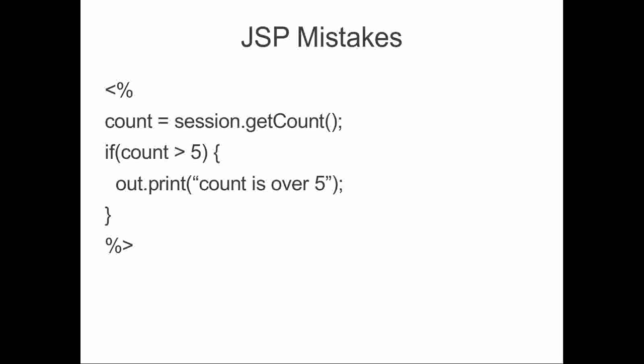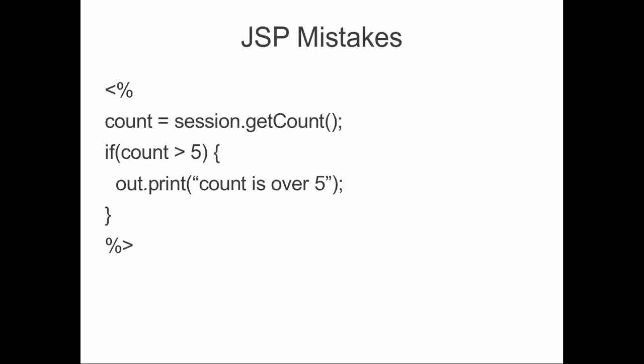But you should know that with our if statements, we can actually break this up. So notice that we're writing out.print count is over 5. So we're writing something that could potentially be a lot of HTML. Are we going to just write HTML inside of our Java again?